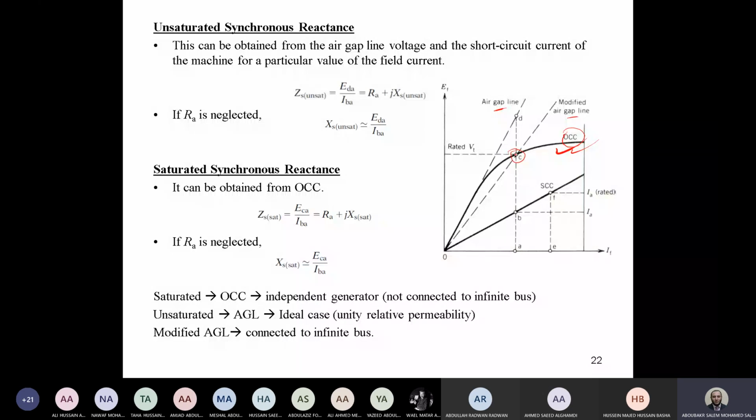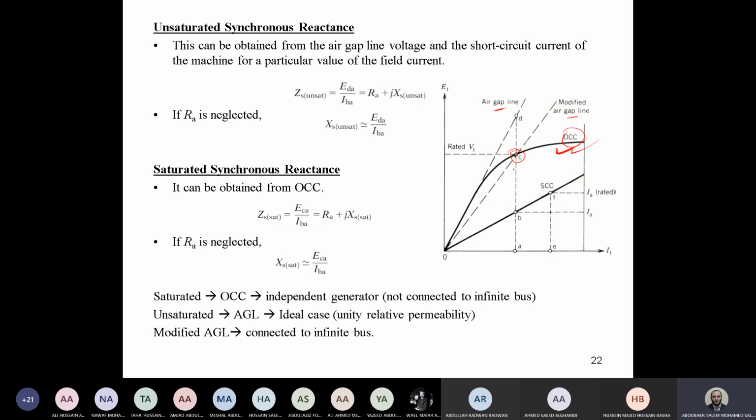So this point is the rated voltage. When we connect the generator to an infinite bus, guys, it is a very huge system. It has constant voltage and constant frequency. So if a generator is connected to an infinite bus, it is assumed to have a linear characteristic like that, starting from 0 and passing through this point of rated voltage, at the intersection with the open circuit characteristic, and continuing linearly like that, guys.